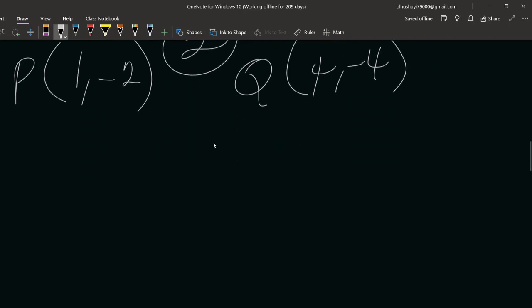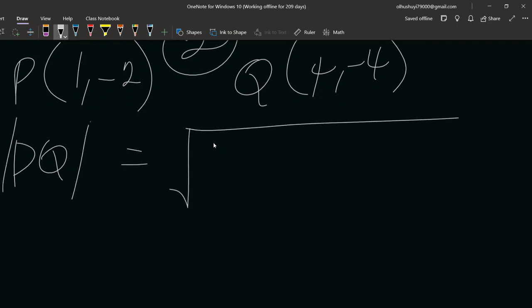Calculate the distance between PQ. So PQ, take the square root of everything, then x2 minus x1. This is x1, this y1, this x2, this is y2.